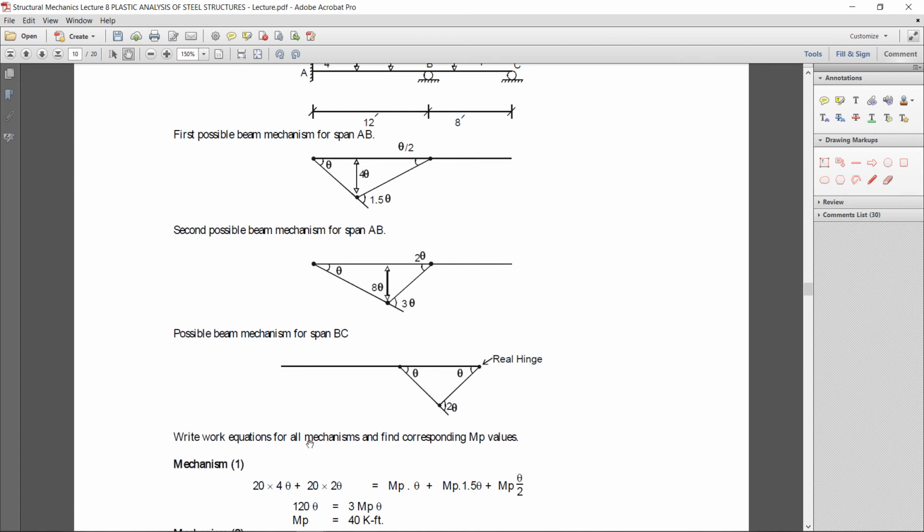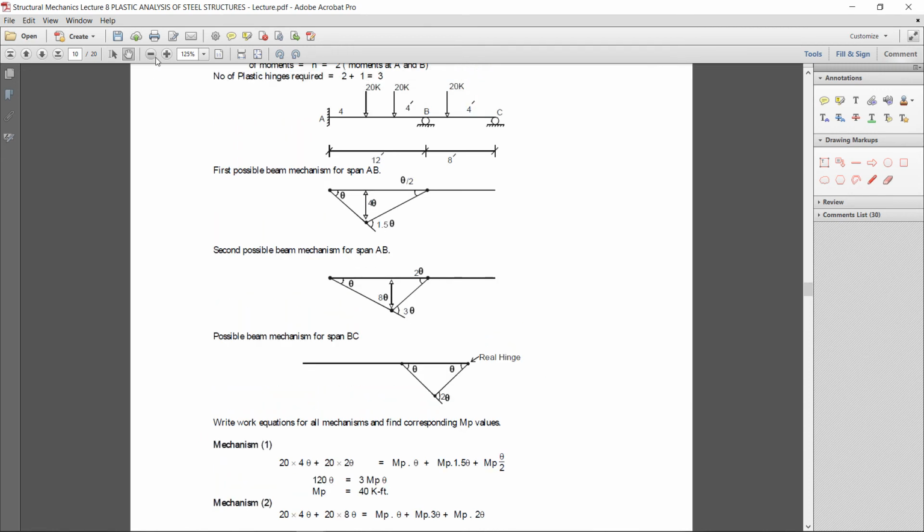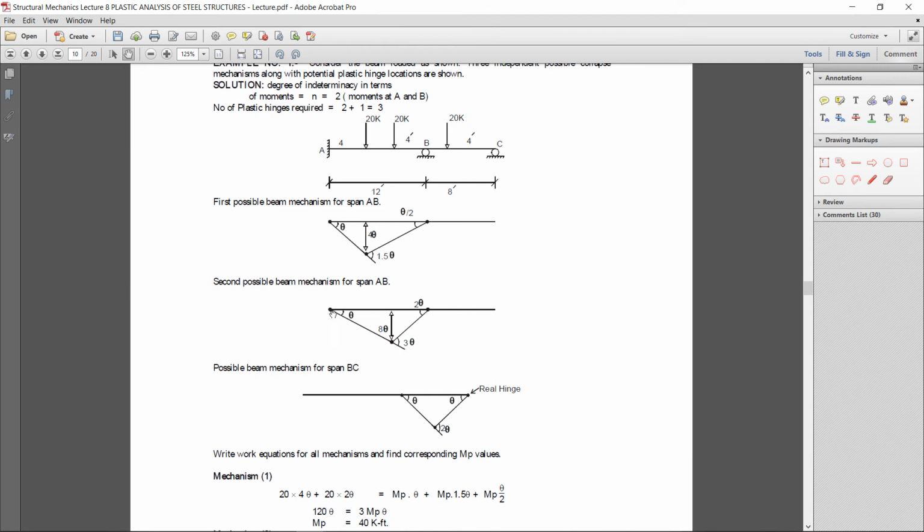First of all, mechanism 1. Let me zoom out a little bit. When mechanism 1 is formed, if theta is the rotation at this point due to the hinge formation, then the length of the beam up to that point is 4, so the deformation at this location will be 4 theta.